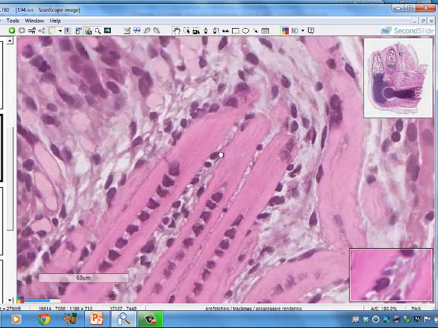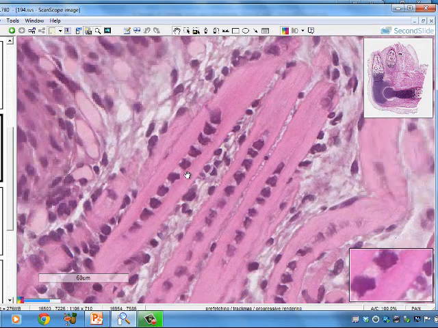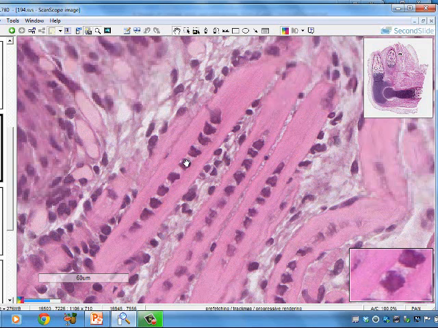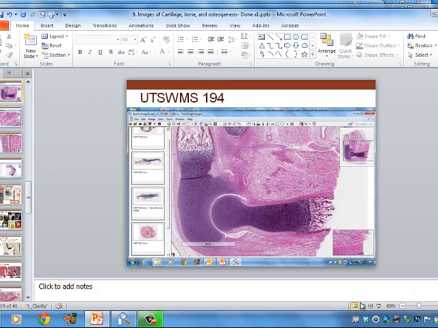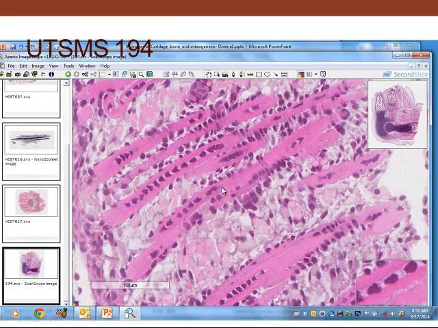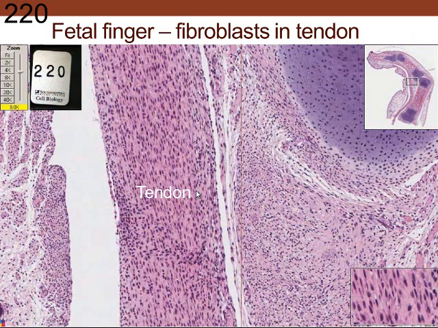So you can see that these individual cells, instead of looking cigar shaped like a regular fibroblast, are actually located in a lacunae that we can see there. So located in through there, and here you can see the fibrocartilage location. You might compare the fibrocartilage to a tendon. This is your typical tendon here that we can see.